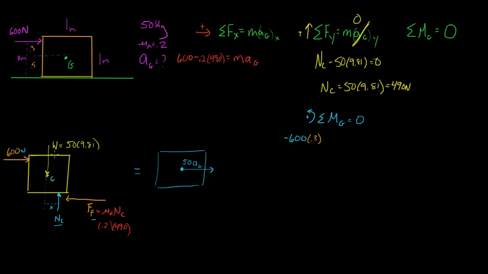This next force goes through the center of gravity, goes through the center of mass, so it has no moment. This normal force is going to be a positive NC times x. We don't know what this distance is, and we know what NC is. NC is 490.